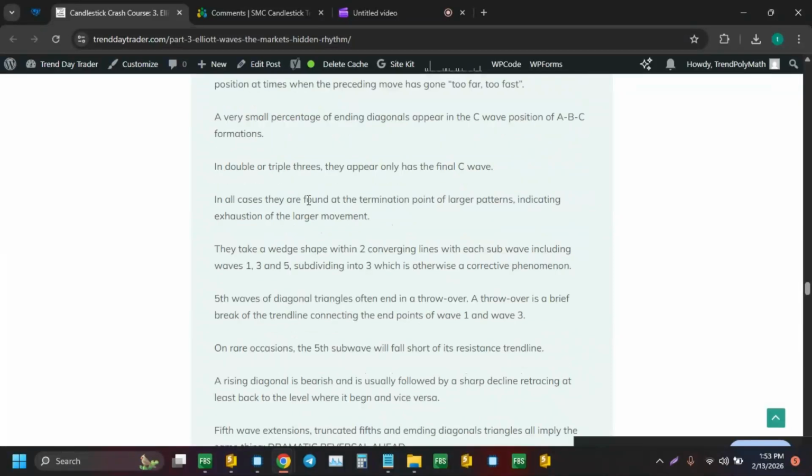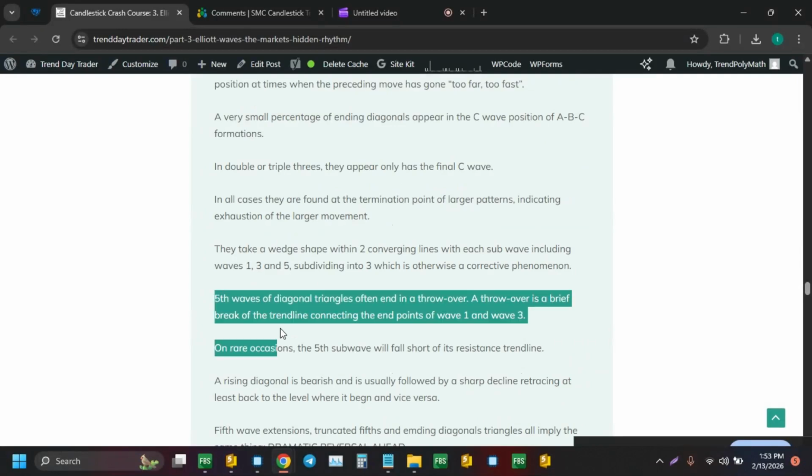In all cases, they have found a determination point of the larger pattern, indicating exhaustion of the larger movement. They take a wedge shape within two converging lines, with each subwave including 1, 3, 5 subdividing into three, which is otherwise a corrective phenomenon.